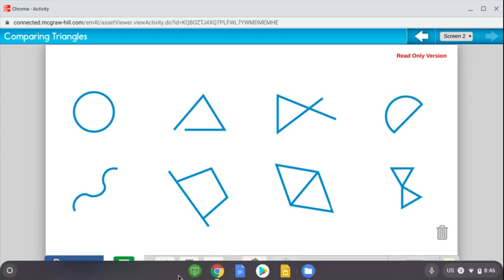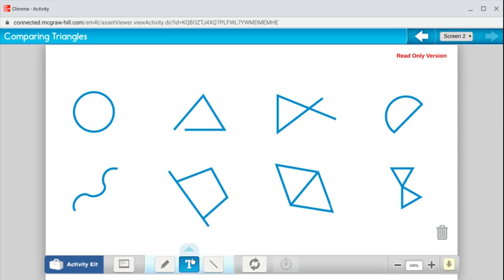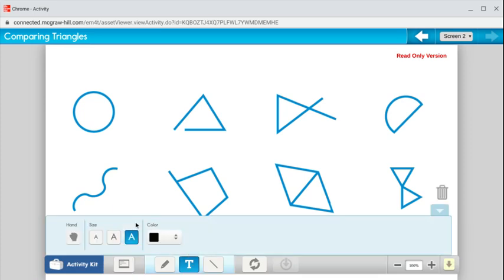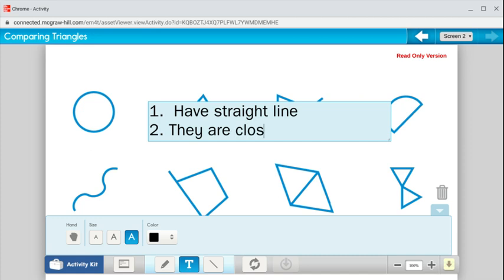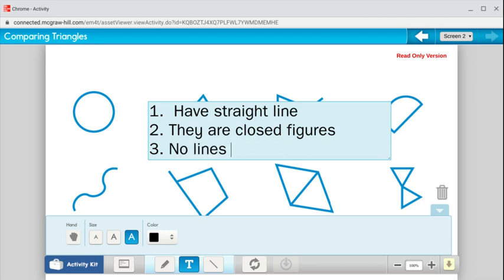So when we are thinking about this new word polygon, we're going to remember these three things. Polygons, number one, have straight lines. Number two, they are closed figures or shapes. And number three, no lines cross or intersect.